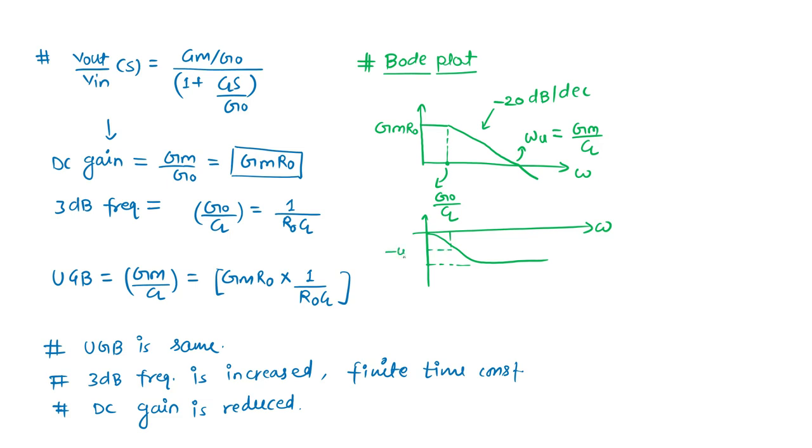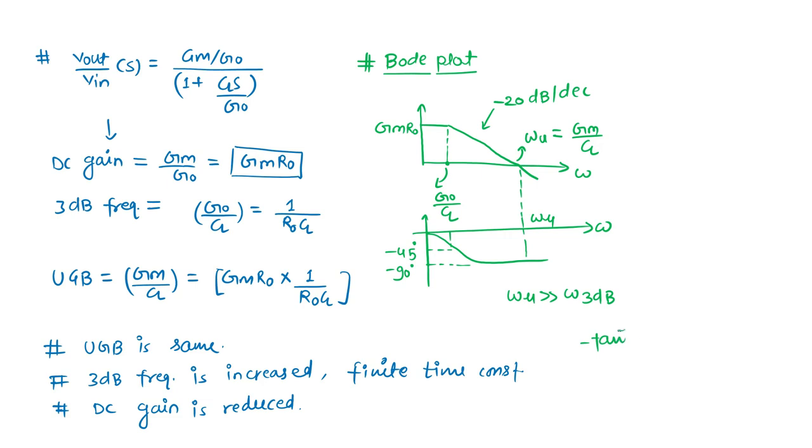Okay, so it is minus 45, and after some value it reaches minus 90. When it crosses somehow nearly the UG frequency, it reaches minus 90. Okay, because we have considered that omega u is much greater than omega 3 dB, so the phase contributed is nearly minus 90.